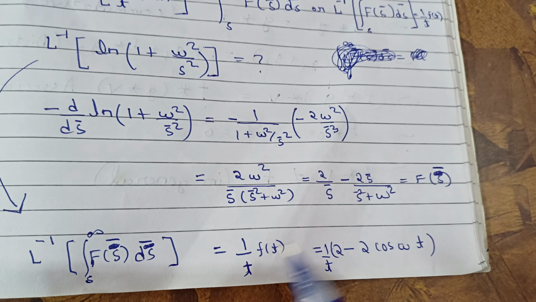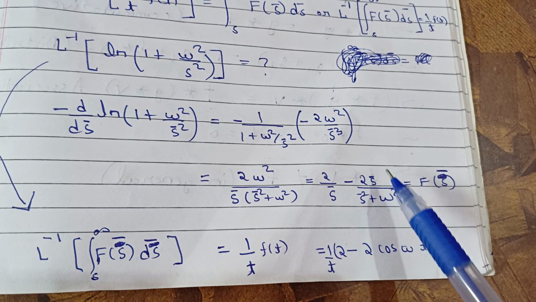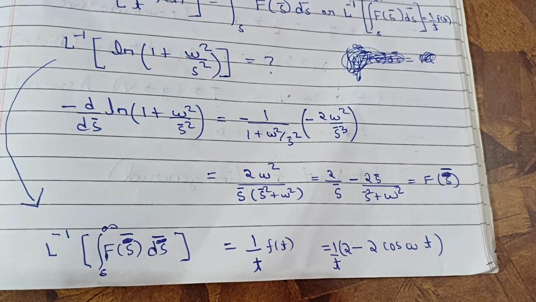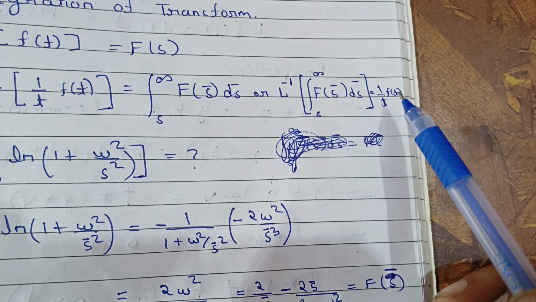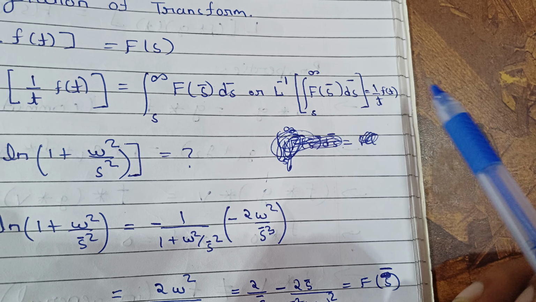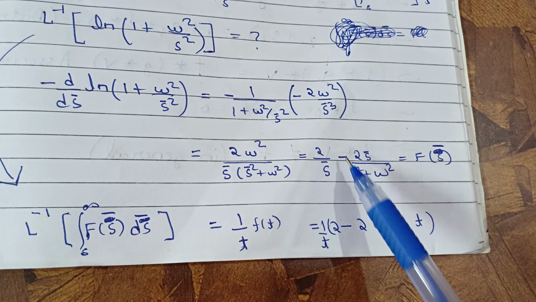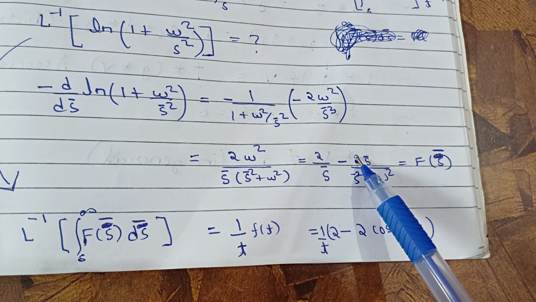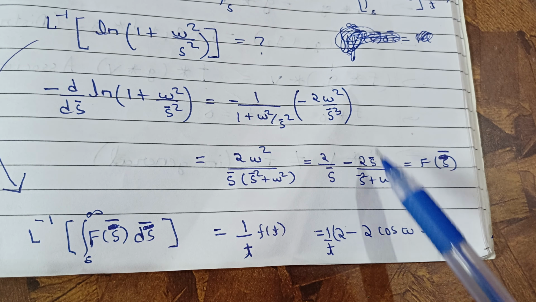So this complete thing can be written as the integral of F(s bar) ds bar, where F(s bar) is this value. So now you have this form. The inverse will be (1/t)f(t), and f(t) is nothing but the inverse of F(s bar). F(s bar) we already have, so we just take the inverse of this and write (1/t)f(t).